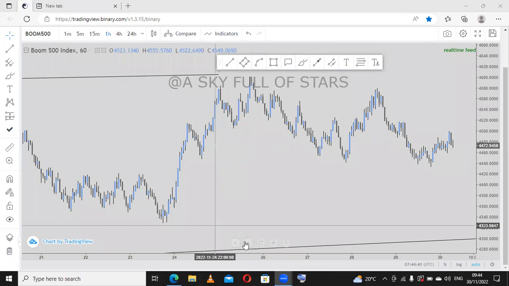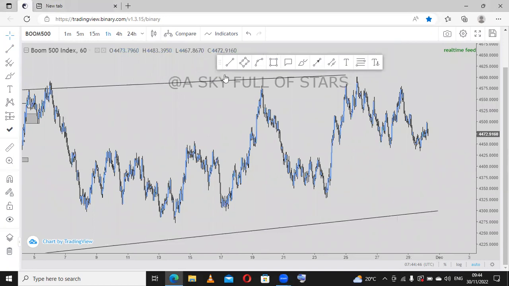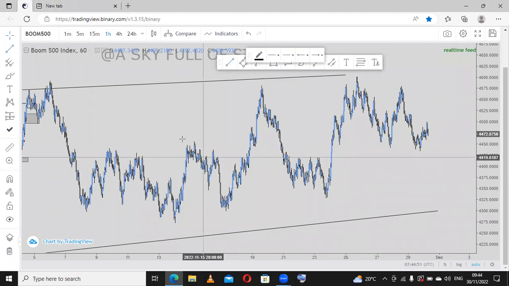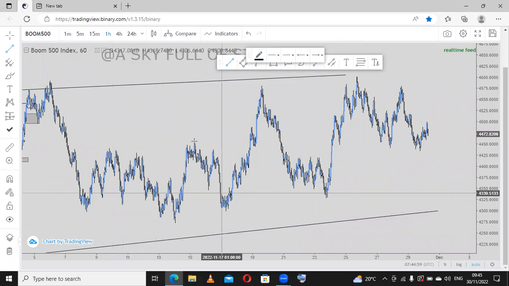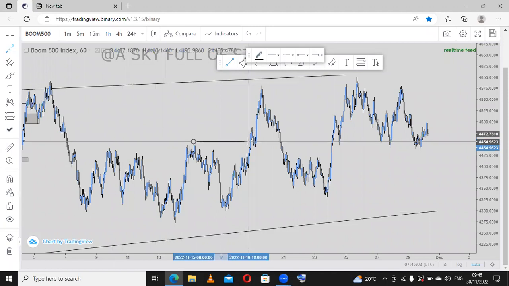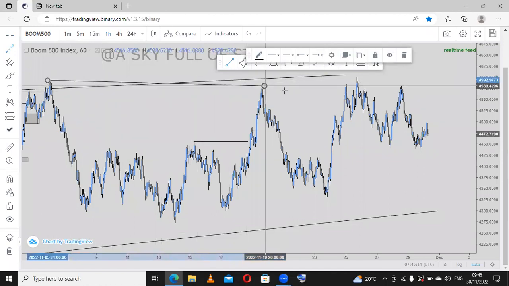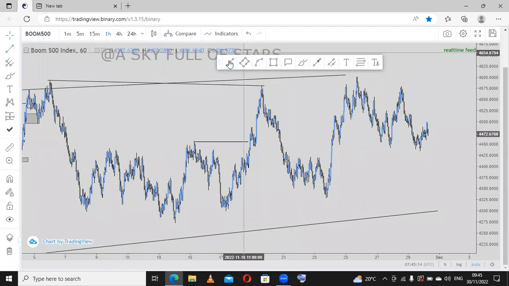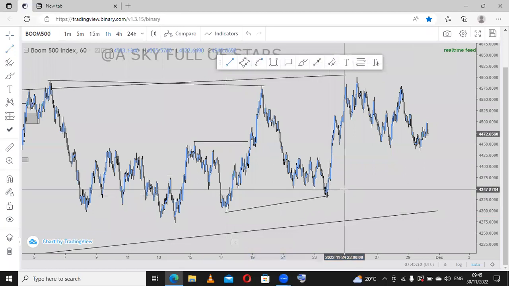Okay, so let me minimize a bit because I want to see, right? Let's make this right here. Okay, so this is our some sort of reversal pattern down here, which broke down here and failed to break this higher high, then came down here, failed to break this lower low, right?